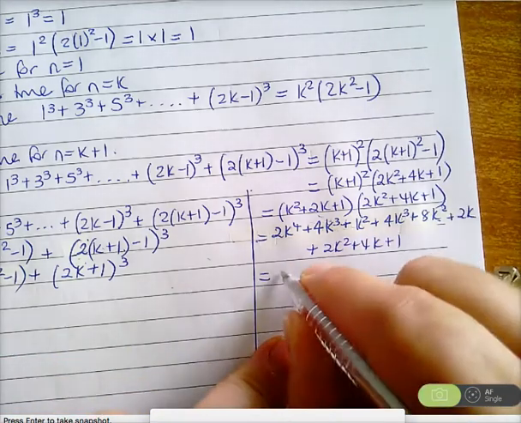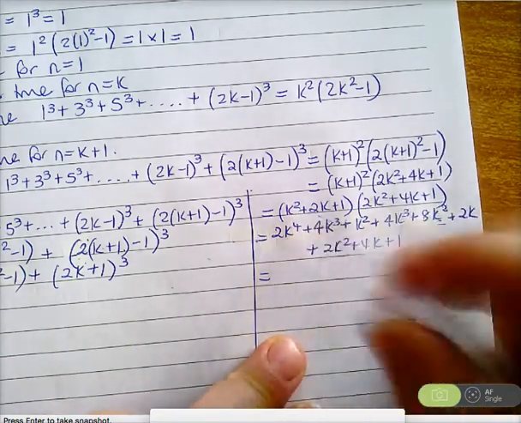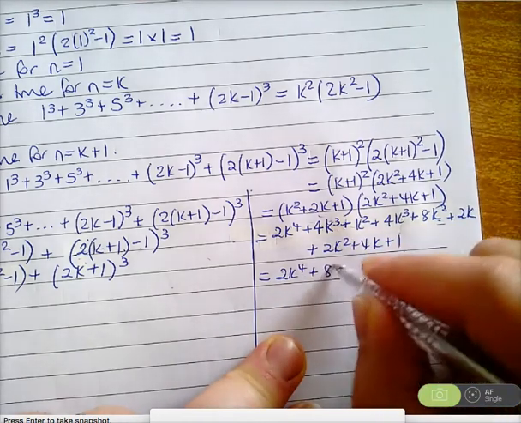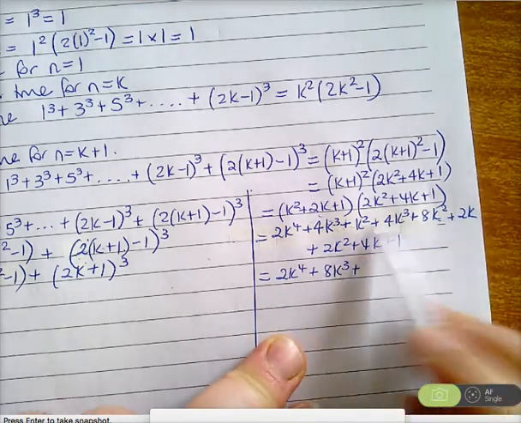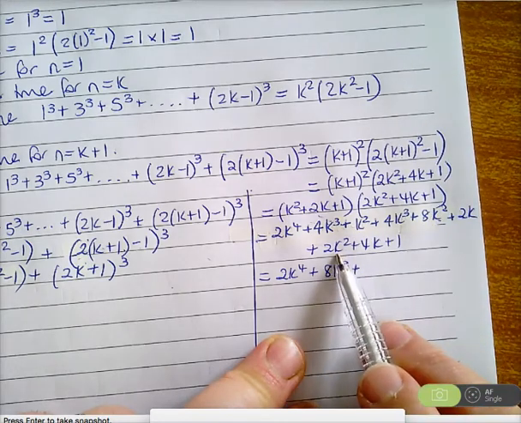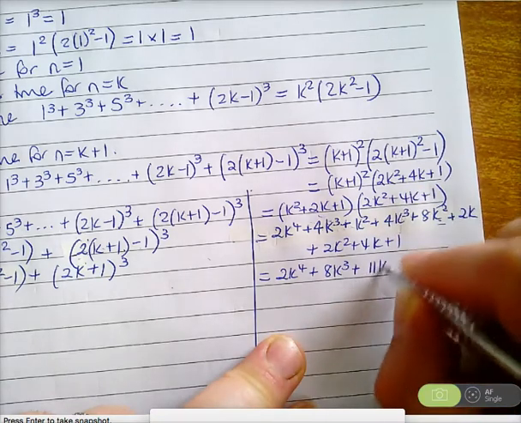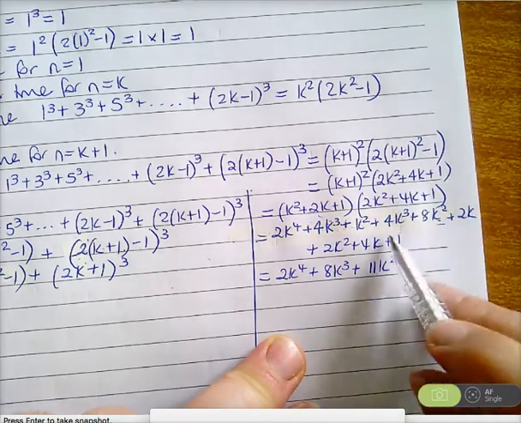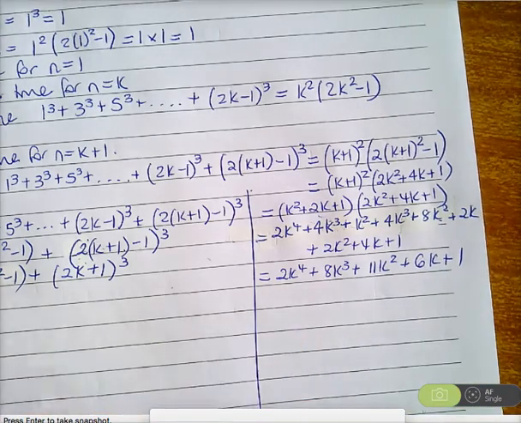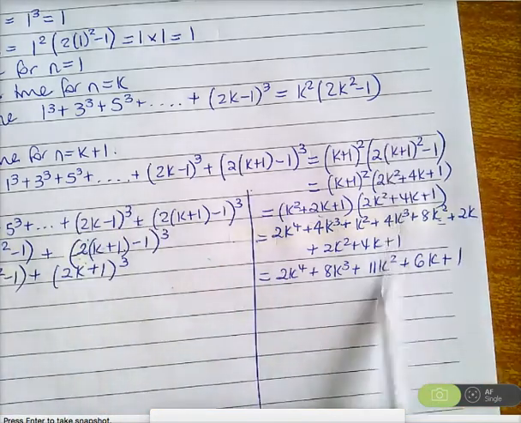So I've just multiplied, we got 2k to the 4 plus 8k cubed, plus now the k squareds, we've got k squared, 8k squared and 2k squared, 11k squared. The ordinary k's we've got 2k and 4k, which is 6k, and the numbers we've just got 1. So what I'm doing is trying to prove that my left-hand side equals all of that.